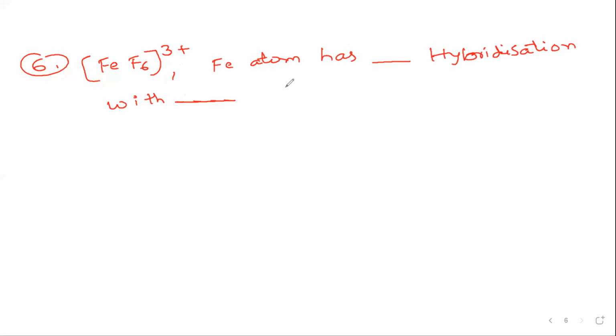That is, fill in the blank: hybridization, with how many unpaired electrons it contains. So it is a combination of two questions. Please see here.